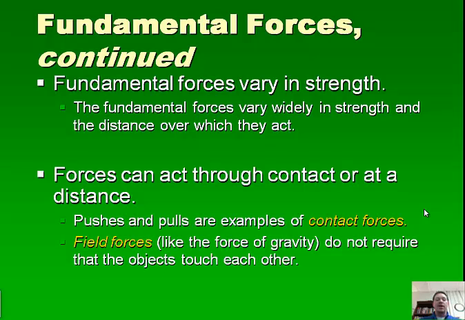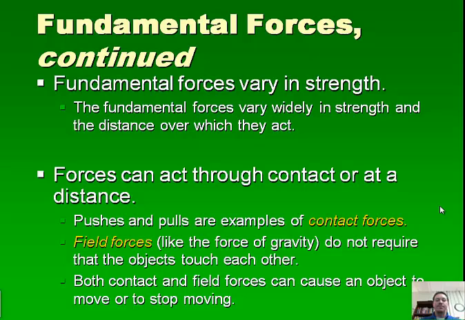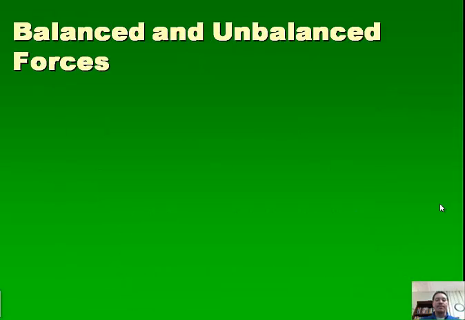If we throw an apple or a ball up in the air, it's going to come back to the earth. There's not actually anything that we can visibly see touching the apple, it just comes back down. It's a field force. Both contact and field forces can cause an object to move or stop moving.